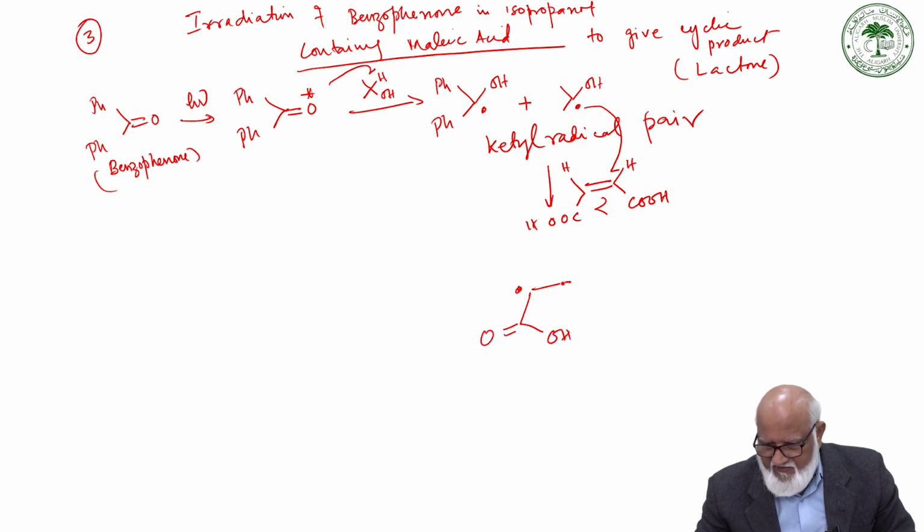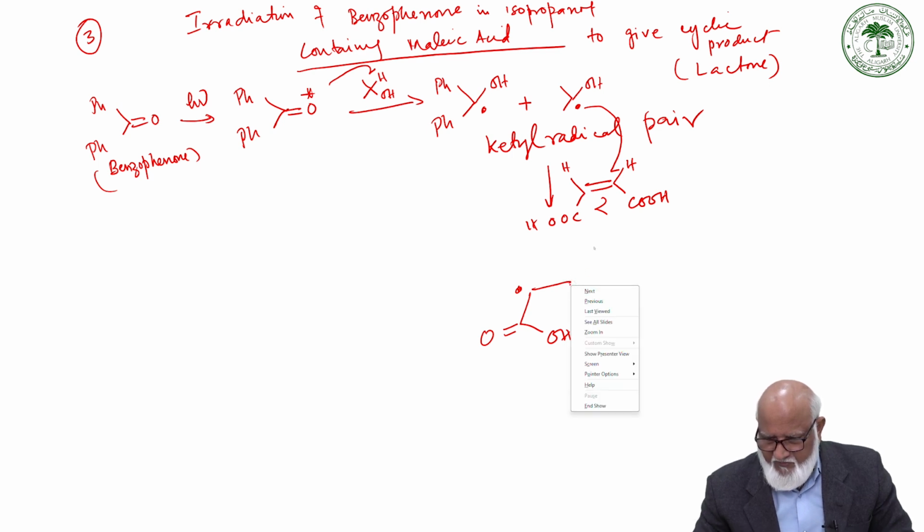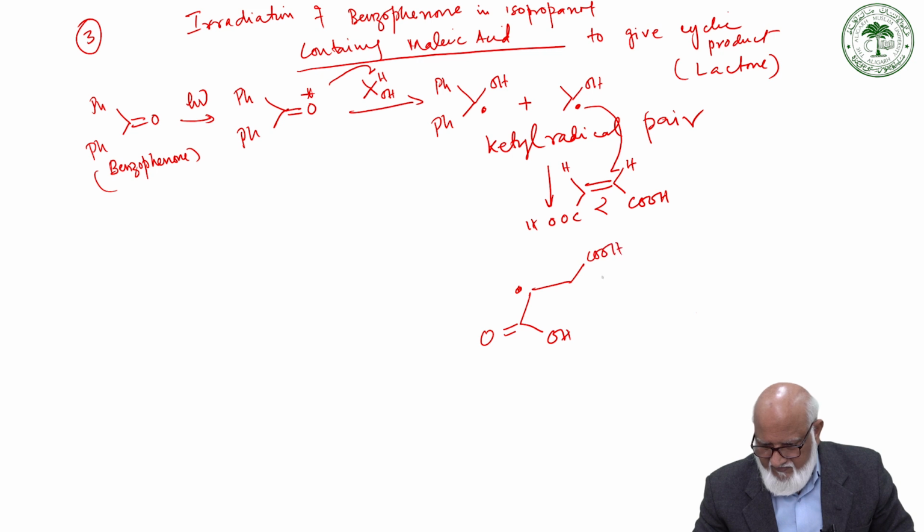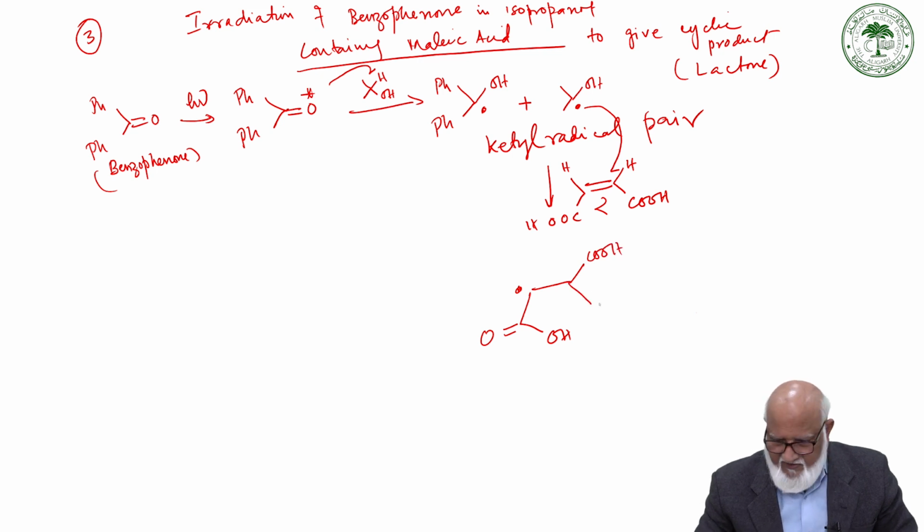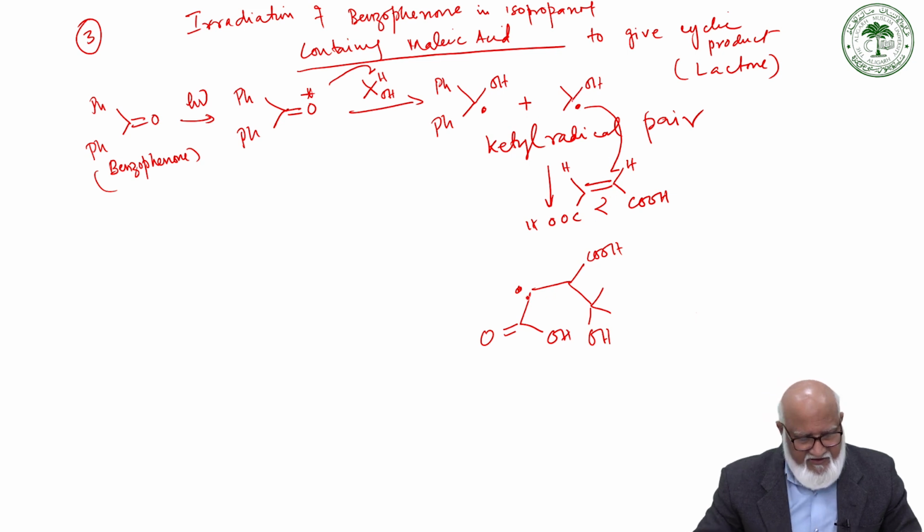These parts are COOH. A radical is coming here, and then we have this isopropanol part, COOH, this one, and this is the isopropyl part.